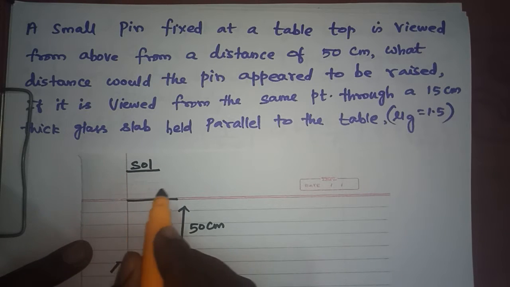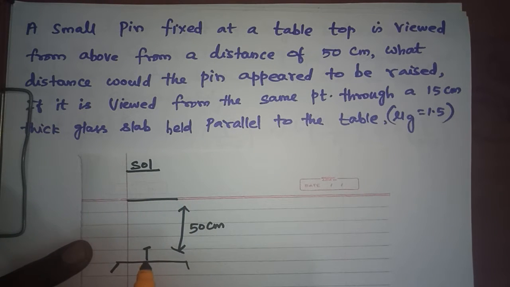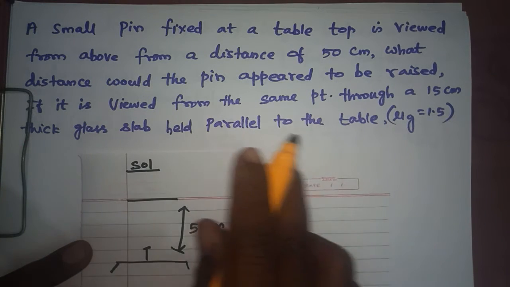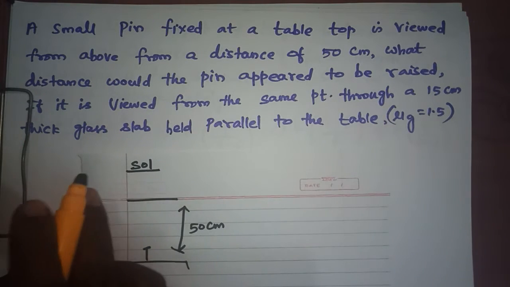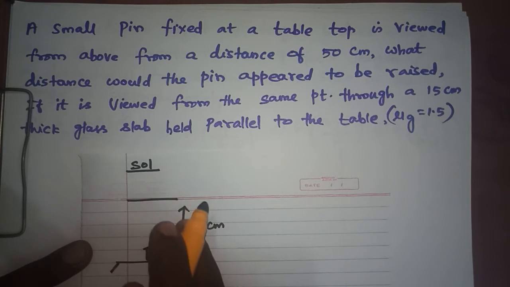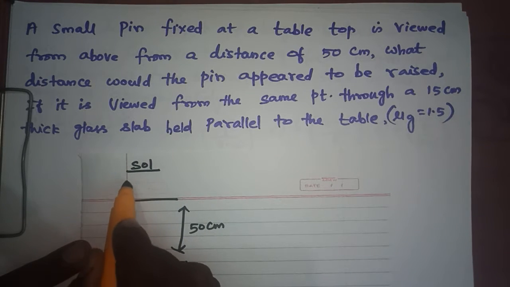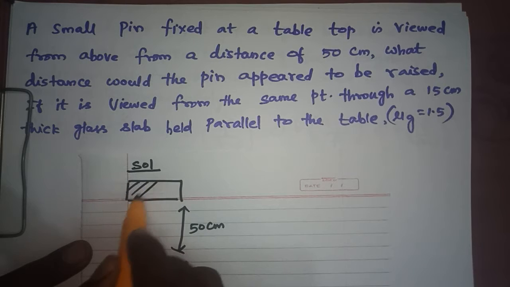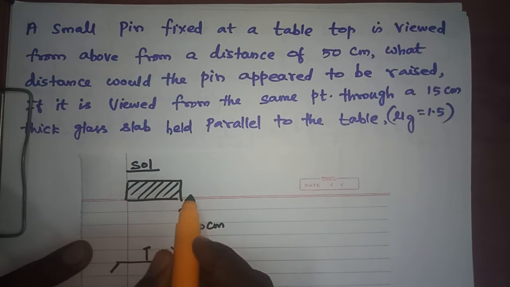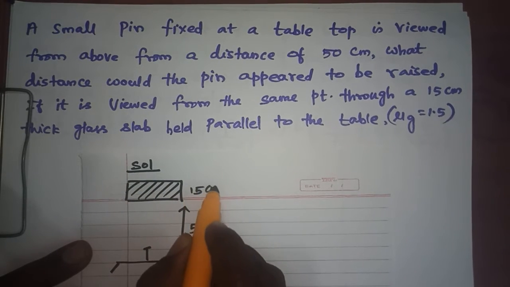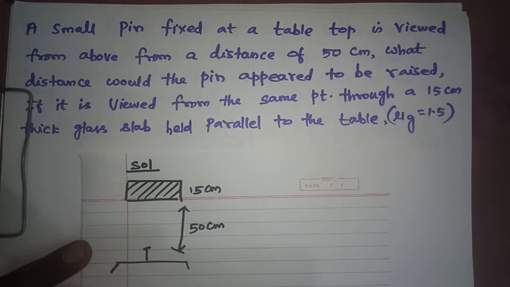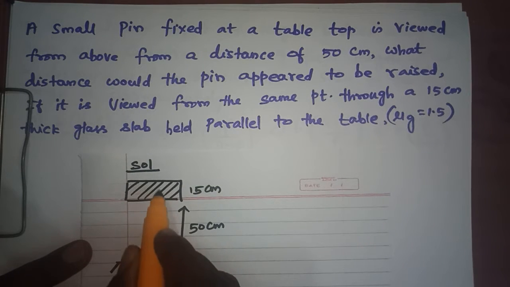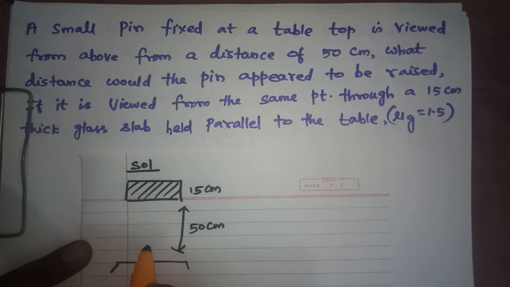What distance would the pin appear to be raised? We have to see what distance the pin appears to be raised if it is viewed from the same point through a 15 centimeter thick glass. The distance here is the same, but now it is viewed through a glass slab of about 15 centimeter. Now when you are seeing through this 15 centimeter, the pin appears to be raised.